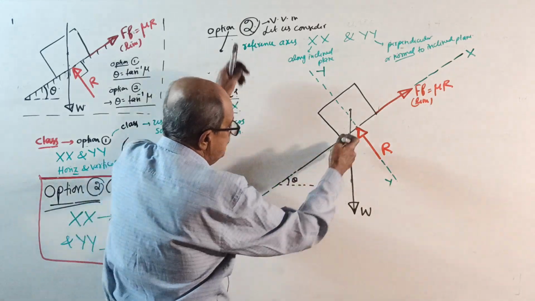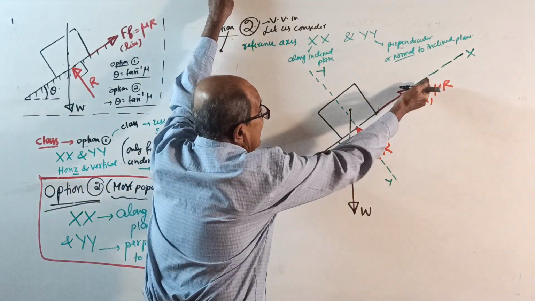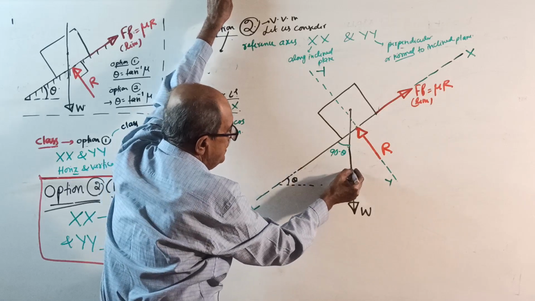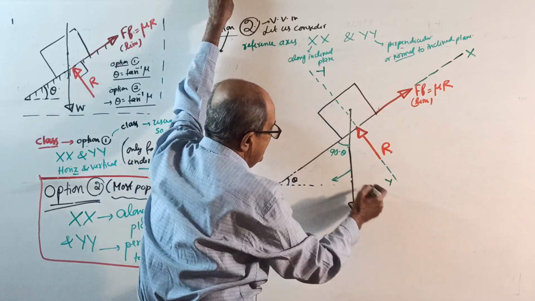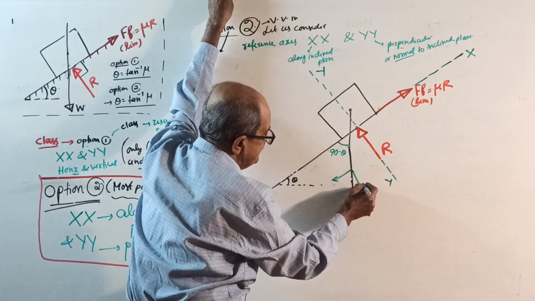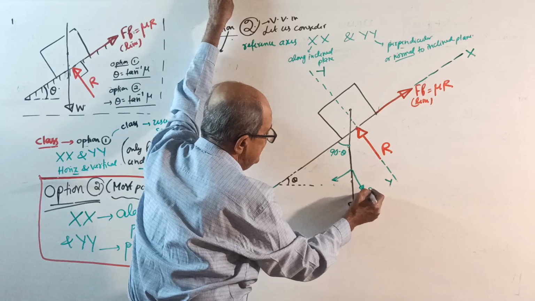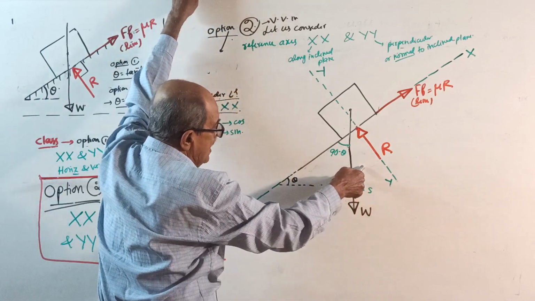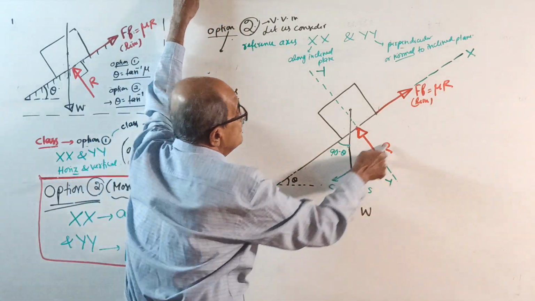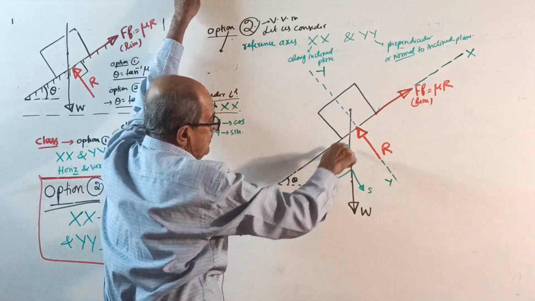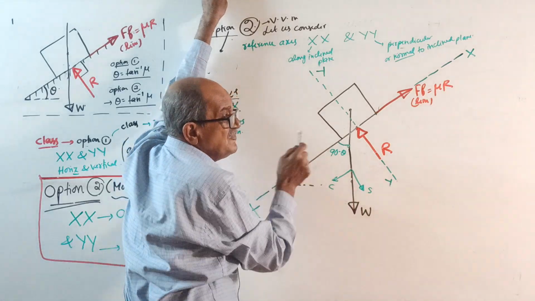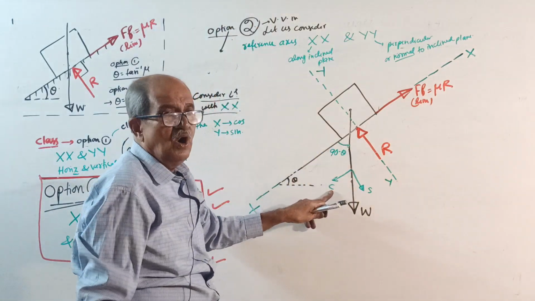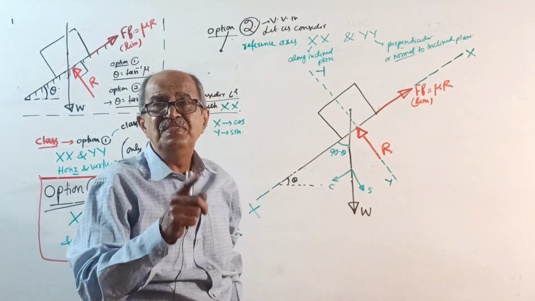Now if you resolve this one, along XX its component is like this, and along YY its component is like this. This is sin, this is cos, but both sin and cos with respect to 90 minus theta. Sin and cos of the angle made with the XX.